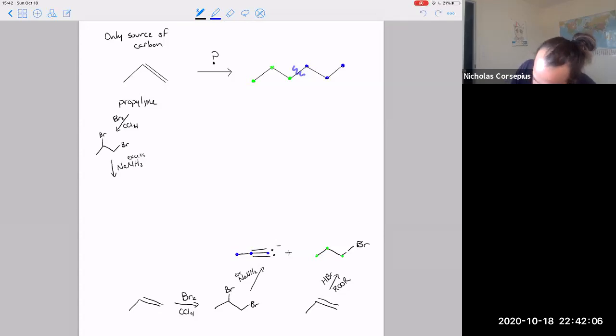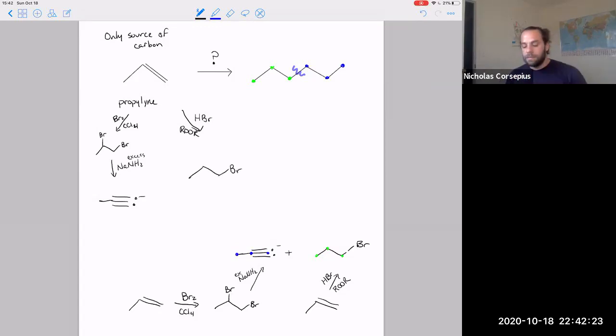And this will allow me to create my acetylide ion. And then the other half, I'm going to take and add HBr in the presence of peroxide, and that's going to get me my alkyl halide.